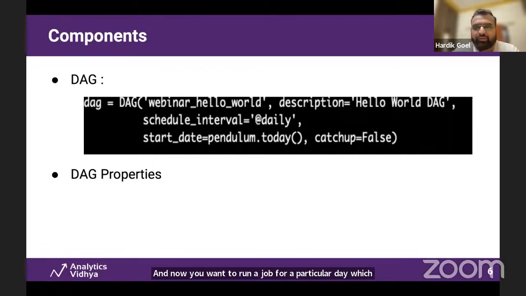So now you have provided the catch up as true, and whenever you run the job, and your job ran for 10 days ago, then it would start to run and start to see whether on any day your job got failed or not. Okay, so in that case your backfilling would automatically happen, and the job which got failed 10 days ago or 11 days ago, right, that would get triggered again.